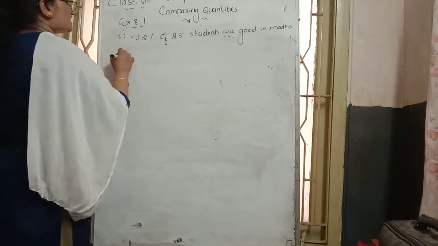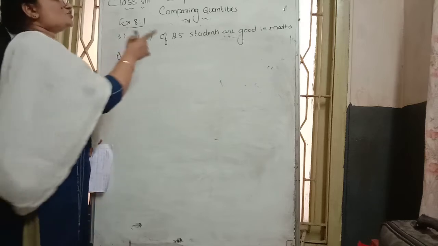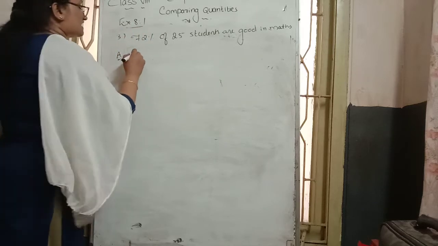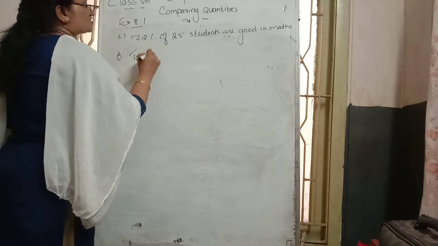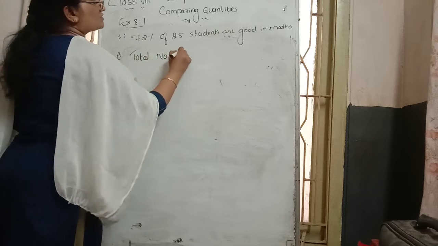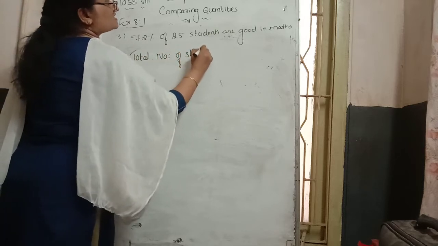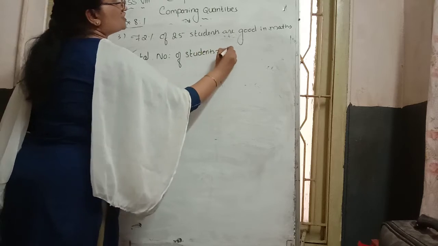How should we start? First we write the total strength. The first step is the total number of students in that classroom: 25 students.